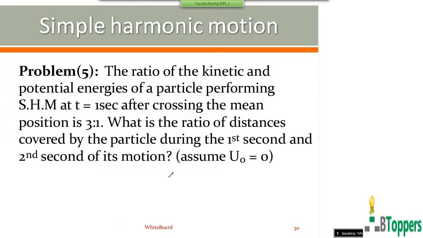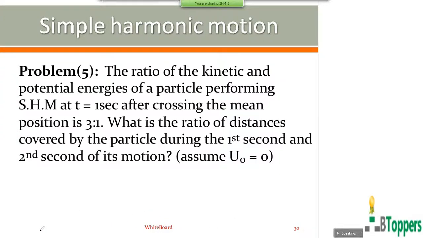So let us first find the displacement from the mean position at which the kinetic and potential energies will be in the ratio 3:1. It is given, within brackets, assume U naught equal to 0.